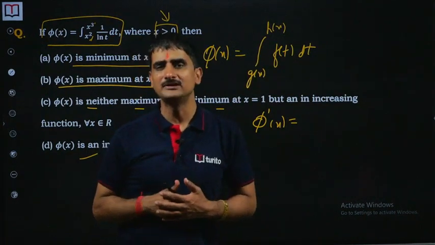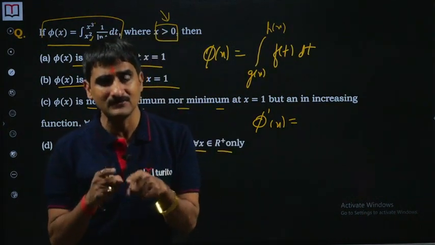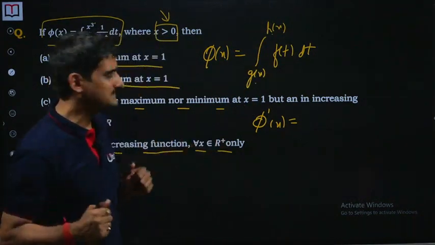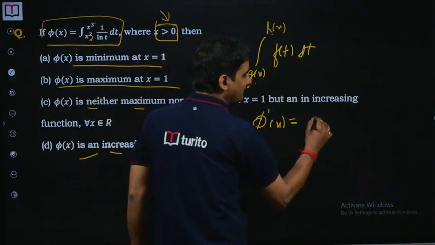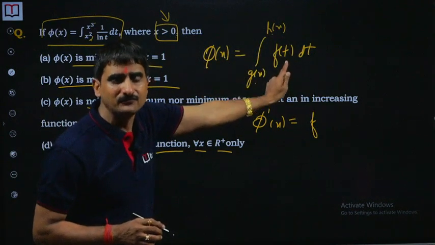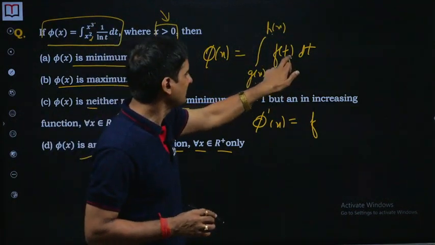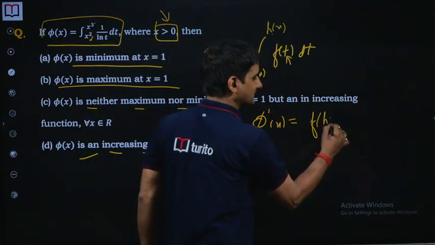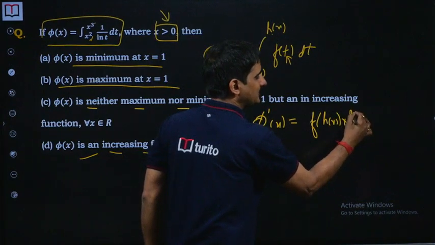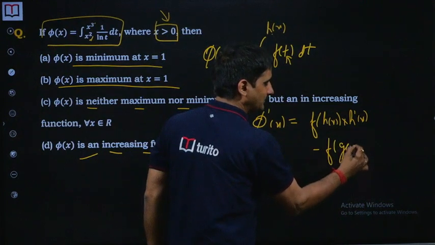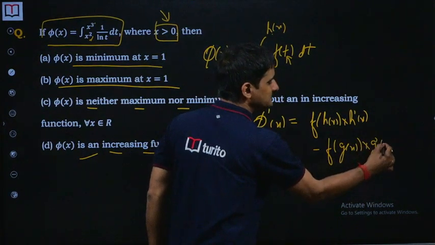Of course, we will be differentiating with respect to that variable only. So here the limits are functions of x, so we can differentiate with respect to x. So phi dash x is f of the integrand. Replace the input of the variable of integral t by the upper limit, so f of h of x into its derivative h dash x minus f of g of x, the lower limit, into its derivative g dash x.